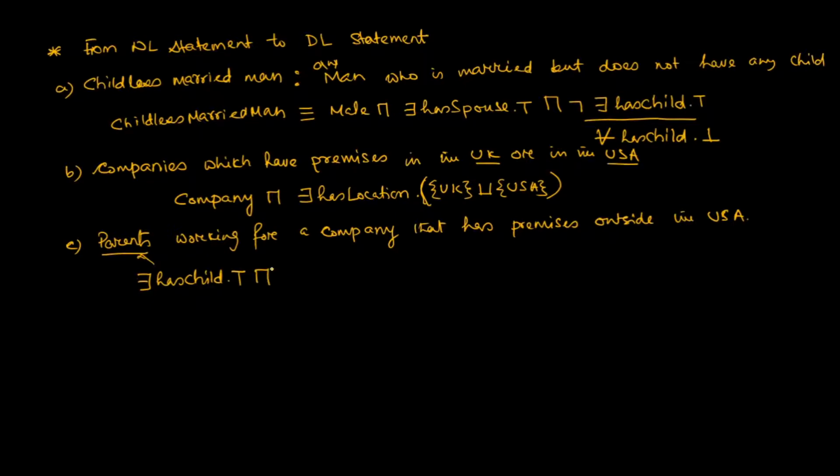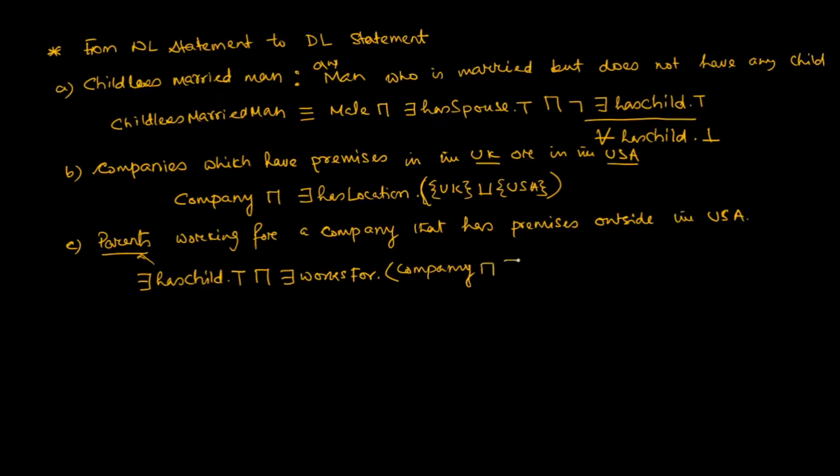And those things they work for a company, right? So something that this person or parent works for is a company. So that is the first constraint. The second constraint is that this company has premises outside the USA, right?